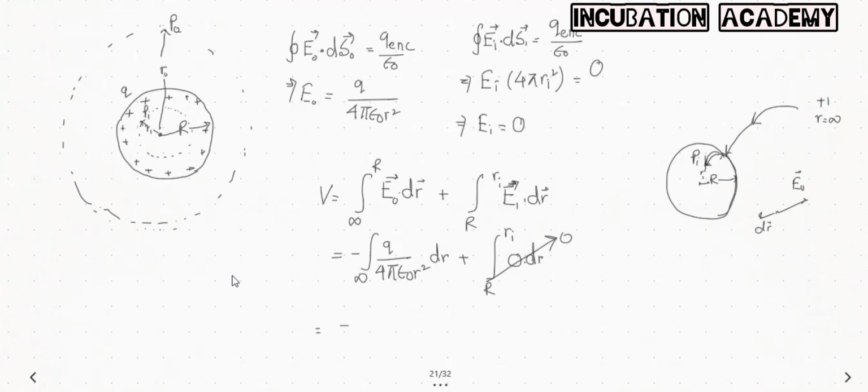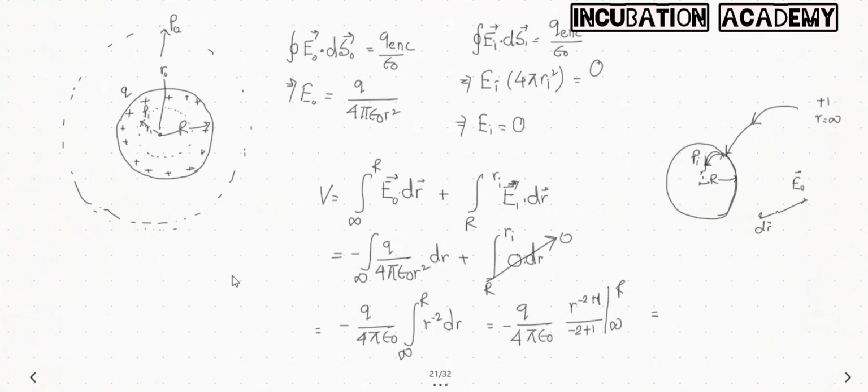So minus of Q divided by 4 pi epsilon naught can be taken outside the integration. Inside, only r to the power minus 2 is there. The limits are infinity to R. So this will be minus Q divided by 4 pi epsilon naught, r to the power minus 2 plus 1 divided by minus 2 plus 1. What are the limits? Capital R and infinity.